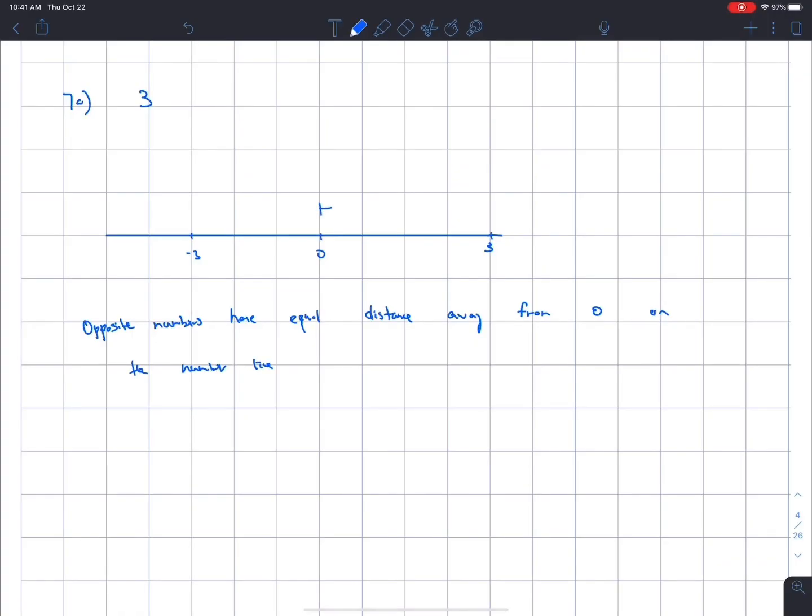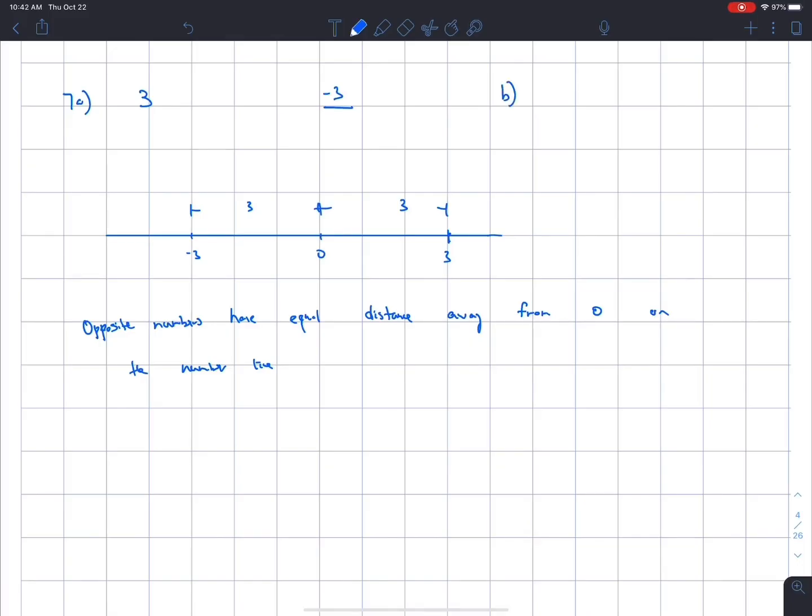So if you look at 3, 3 is just 3 units away from 0. This is why negative 3 is going to be the opposite number of 3, because negative 3 also is 3 units away from 0. So the opposite number of 3 is negative 3.